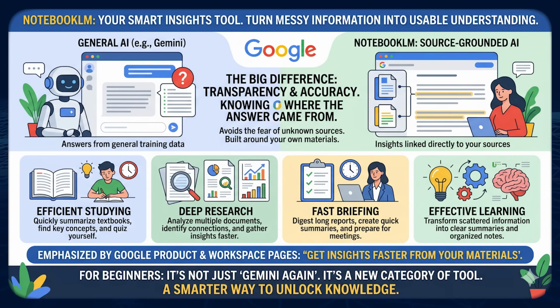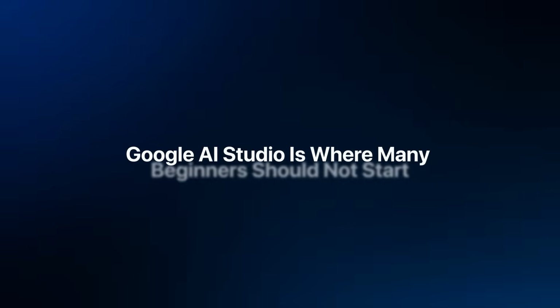NotebookLM was designed around sources, which makes it especially useful for studying, research, briefing, and learning. Google's product pages and workspace pages both emphasize its role in helping people get insights faster from their materials. So, beginners should not think of NotebookLM as Gemini again. They should think of it as the tool for turning messy information into usable understanding.